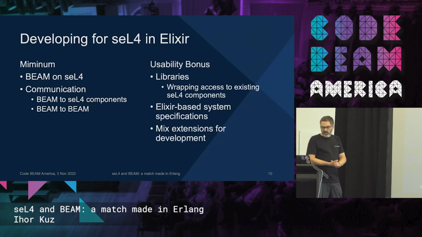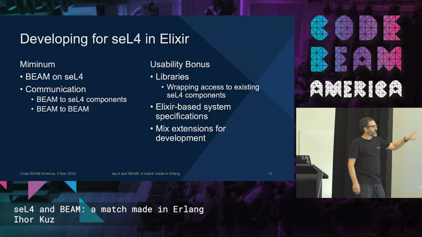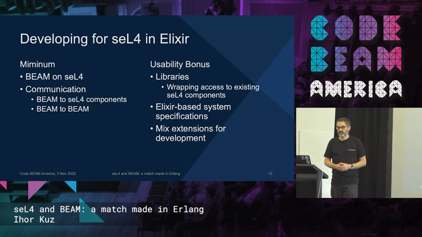And then the usability bonus is we'd like to have libraries that wrap this communication so that it makes it nice. We'd like to be able to use Elixir to actually define the system, all of these components in the system, to build it and use the existing build system like Mix to be able to actually build all of this stuff. I'm going to talk about these two things today.